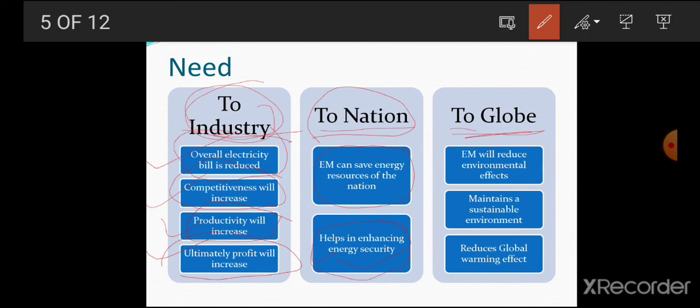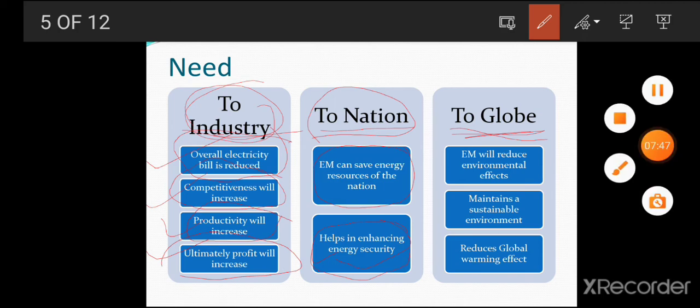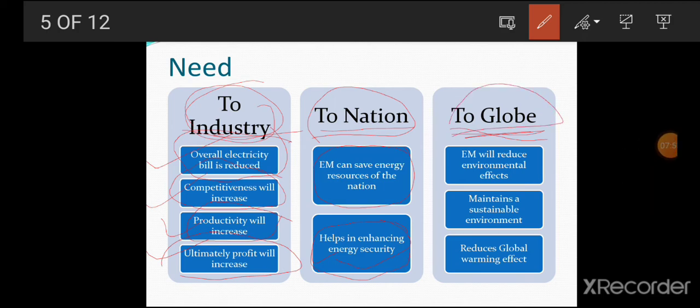Then the third need is for the globe. What benefit will it do for the globe, that is, the world? Energy management will reduce the environmental effects. If we are managing our energy in a proper way, then the effects on the environment will reduce.